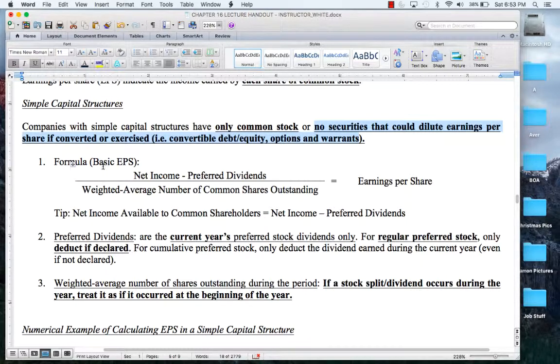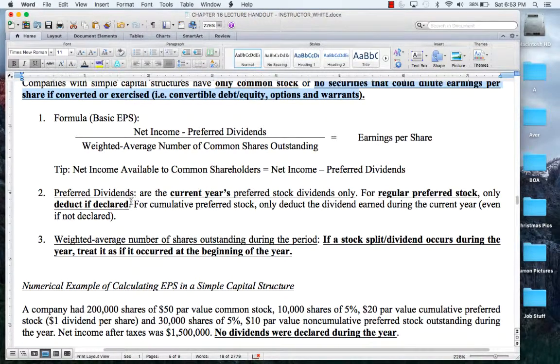This is just going to be the most straightforward example that you would use. Remember that you only deduct regular preferred stock dividends if declared, but cumulative preferred stock dividends are always subtracted unless it is converted, and then in that place when we get to dilutive EPS, that impacts there.